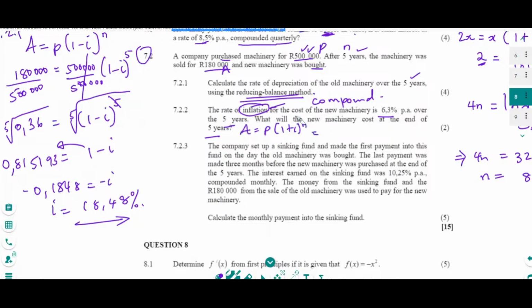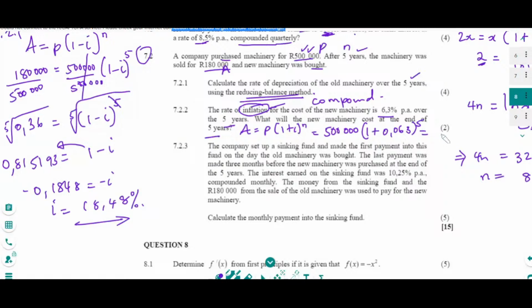Our P is the original amount, which was 500,000, into 1 plus the 6.3%. So 6.3 divided by 100 is going to give us 0.063, to the exponent of 5. We simplify that in the calculator.